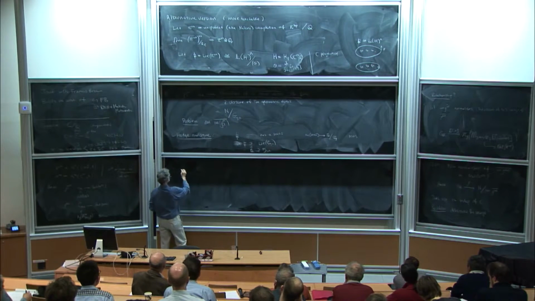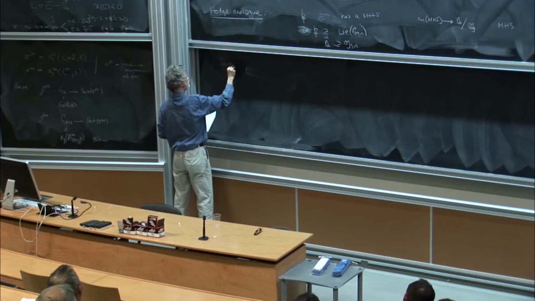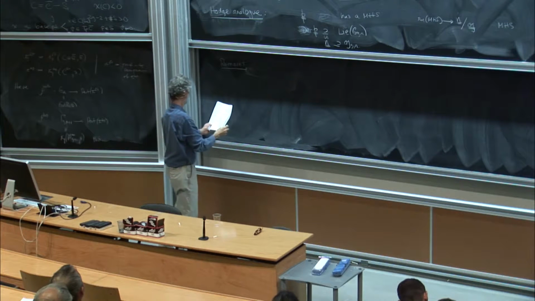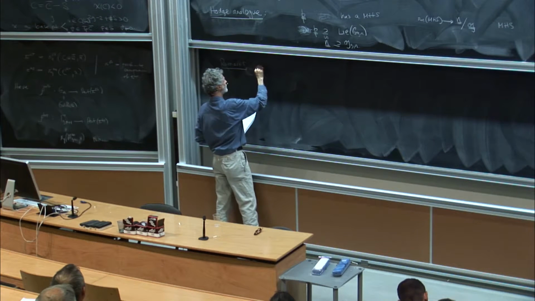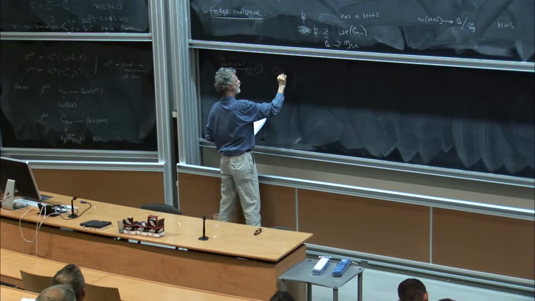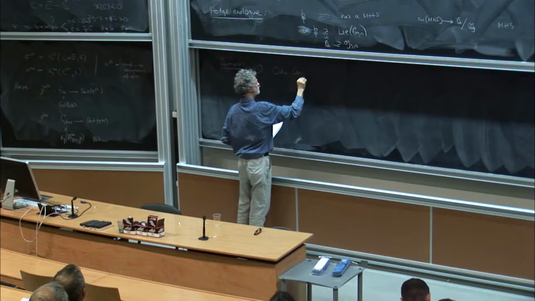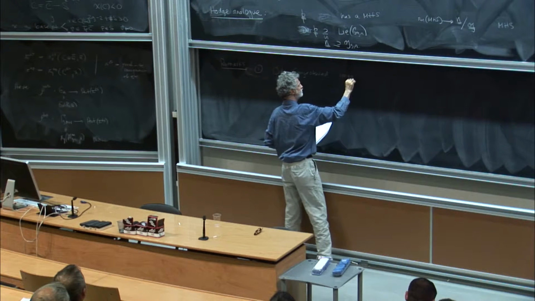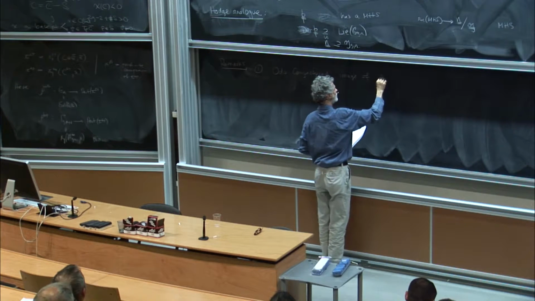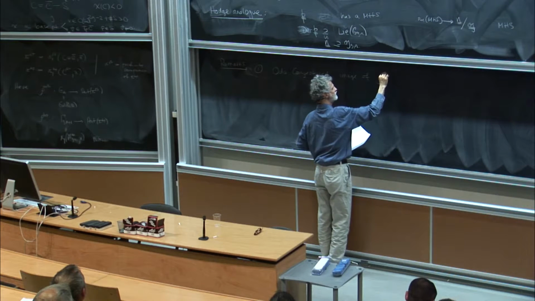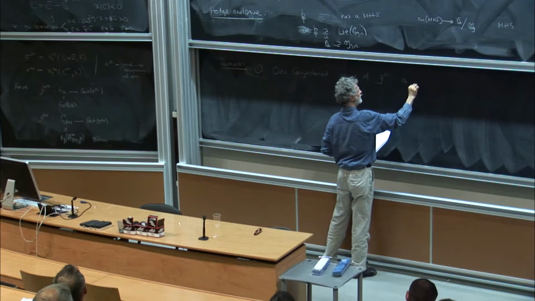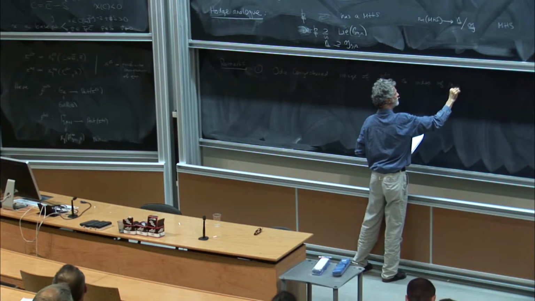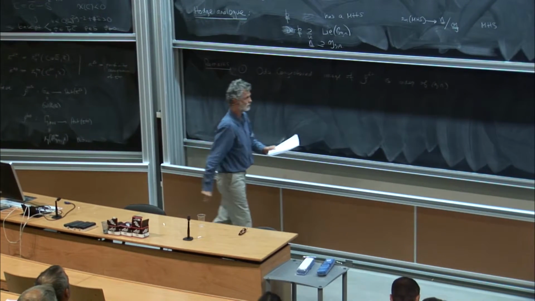Okay, so some remarks. The first one is that quite a while ago, Oda conjectured that the image of rho arith is independent of g and n, so the genus and the number of points.